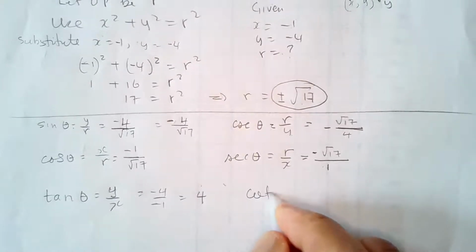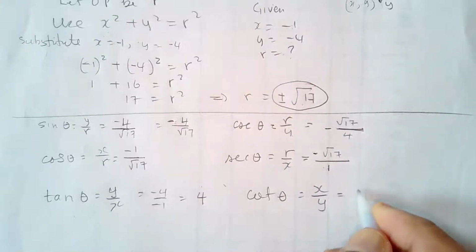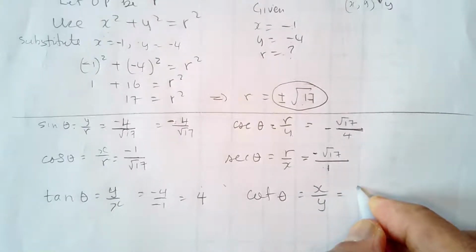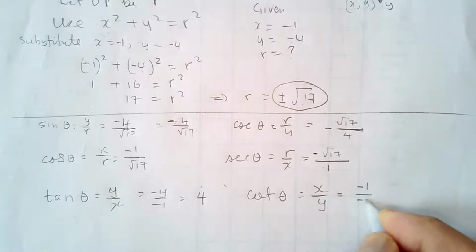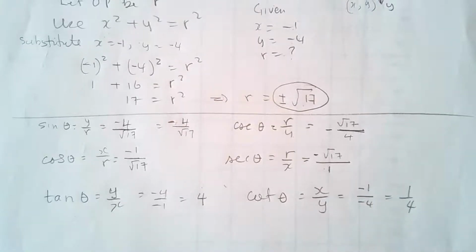And cotangent is x over y, and this will give us -1 over -4, which is a quarter. So there are our 6 trig ratios.